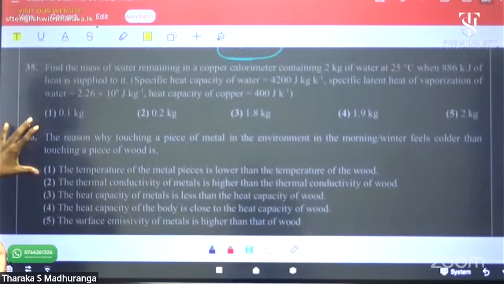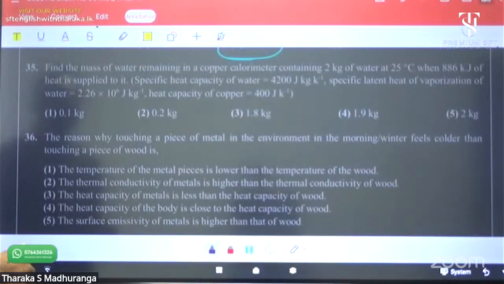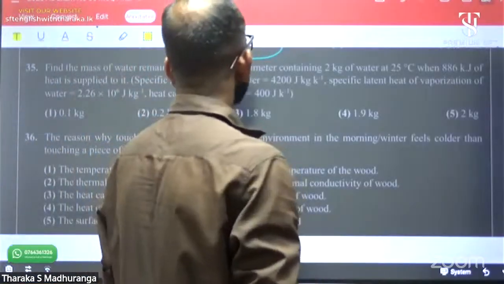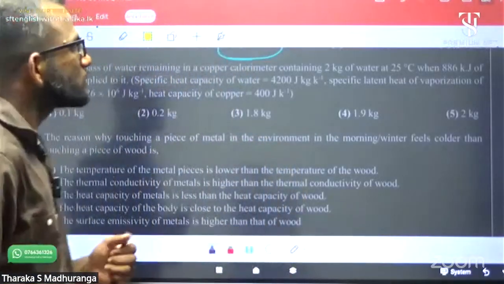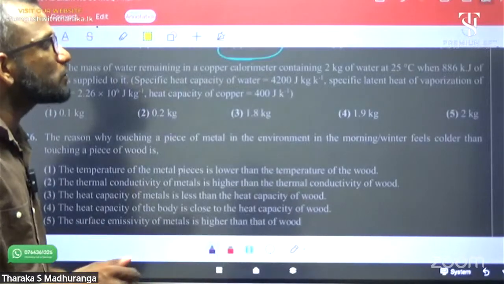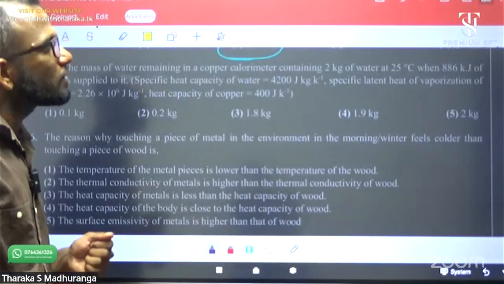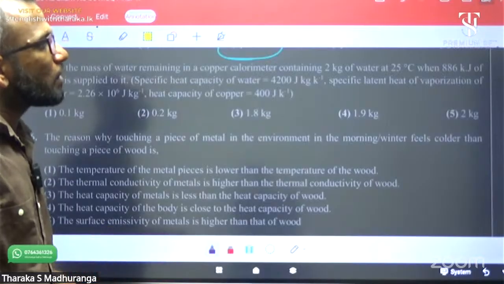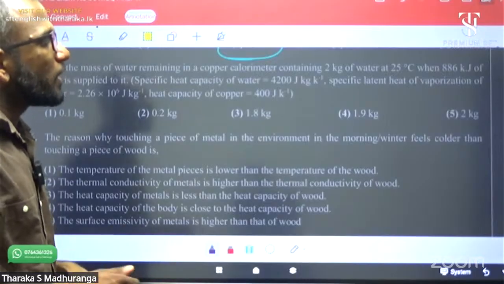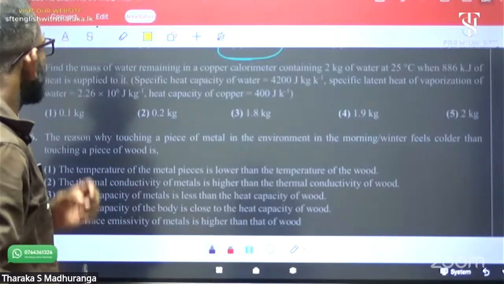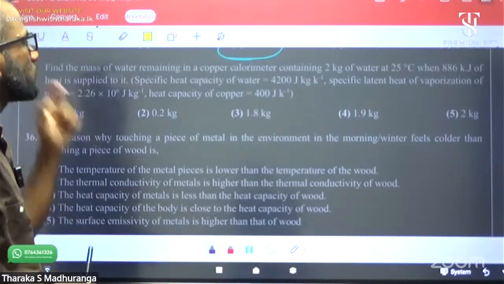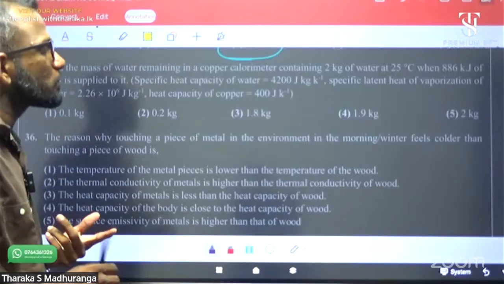Okay, find the mass of water remaining in a copper calorimeter containing 2 kilograms of water at 25 Celsius when 886 kilojoules of heat is supplied to it. The specific heat capacity of water is 4200.